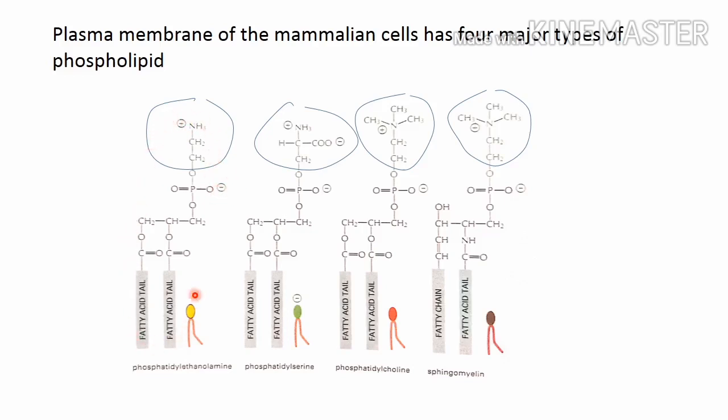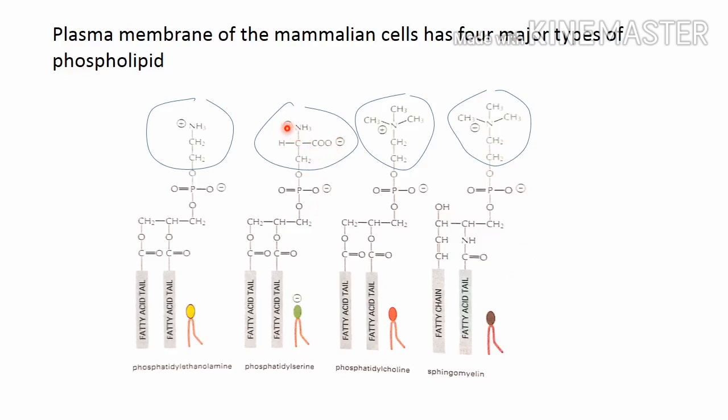So ultimately this phosphatidyl ethanolamine has no net charge at biological pH, whereas this second is phosphatidyl serine, and here we can see that it has 1 positive and 2 negative charges.